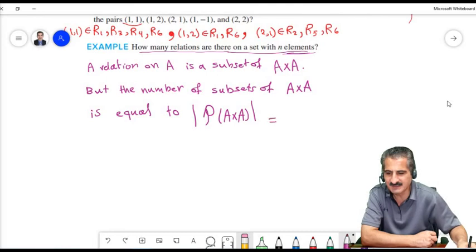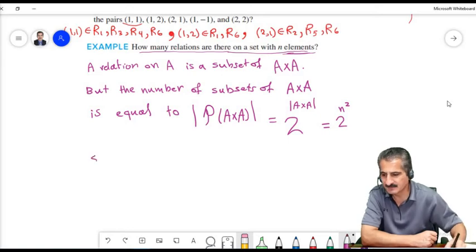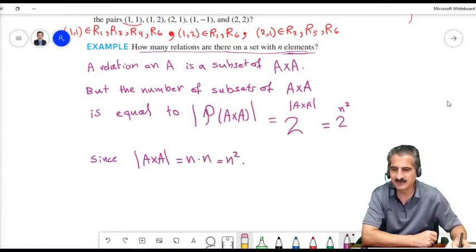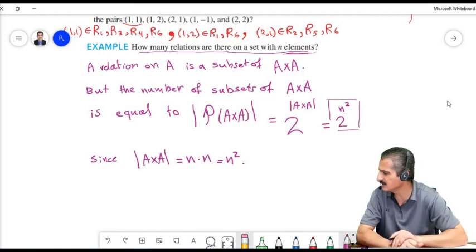This cardinality is 2 to the power of the cardinality of the set we are taking the power set of. Since the cardinality of A cross A is n times n, which is n squared, the number of relations we can define on a set A is 2 to the n squared.